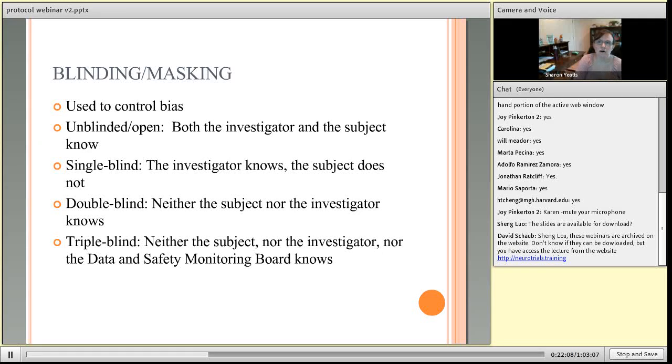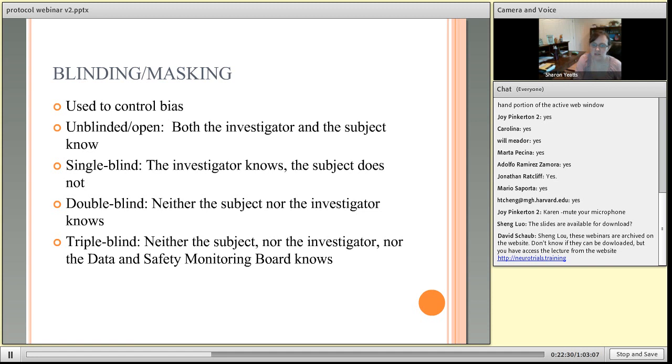Okay. The last thing I'm going to talk about before handing it over to Karen is this issue of blinding or masking. So in confounding, we're worried that the presence or the imbalance of this known prognostic variable is going to distort what we see. Blinding and masking is another place where what we should see can be distorted.